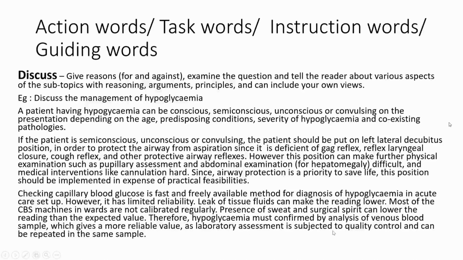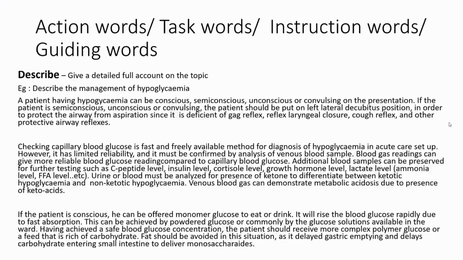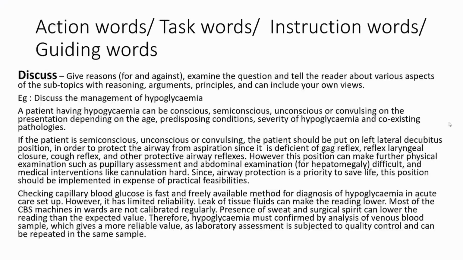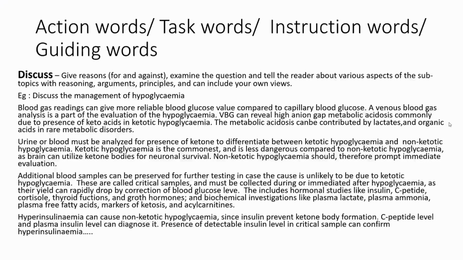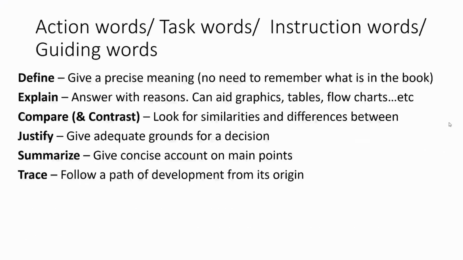Therefore, hypoglycemia must be confirmed by analysis of a venous blood sample, which gives a more reliable value, as laboratory assessment is subjected to quality control and can be repeated on the same sample. So this is the difference between these action words. You need to understand what these action words say.